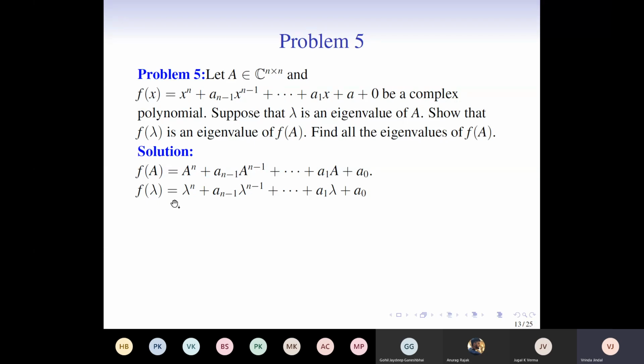And similarly, f of lambda is this. Note, f of A belongs to C n cross n, and f of lambda belongs to C.